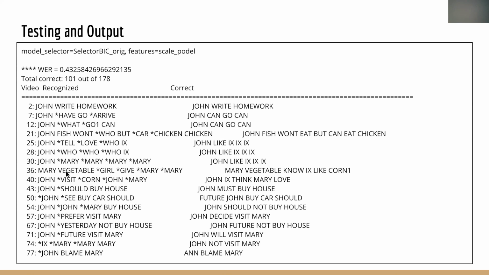Why are there asterisks on some of the words there? This is wrong. It just didn't catch it. Okay. Didn't catch it. Yeah, and see, this was quite wrong.